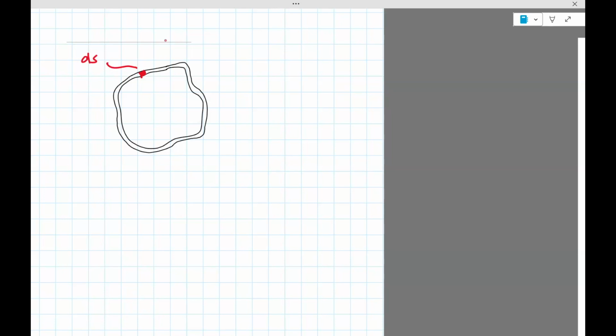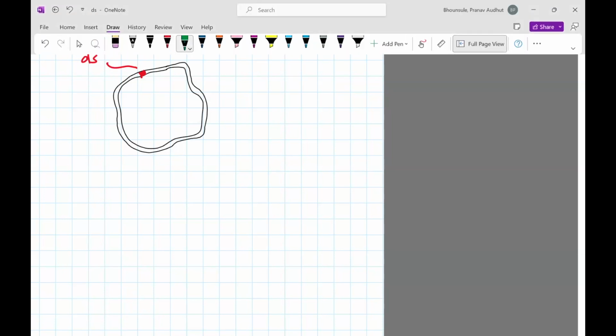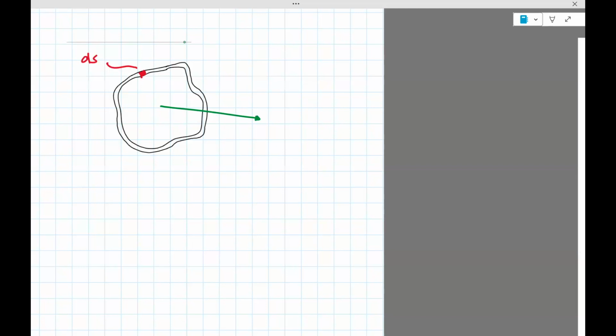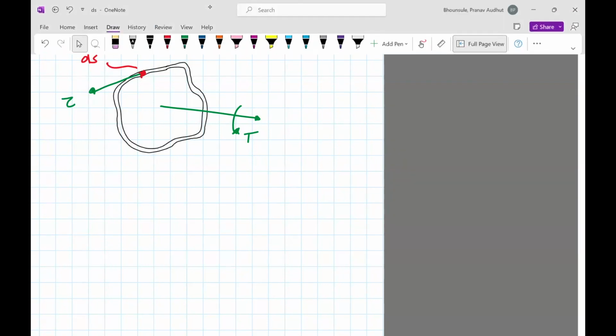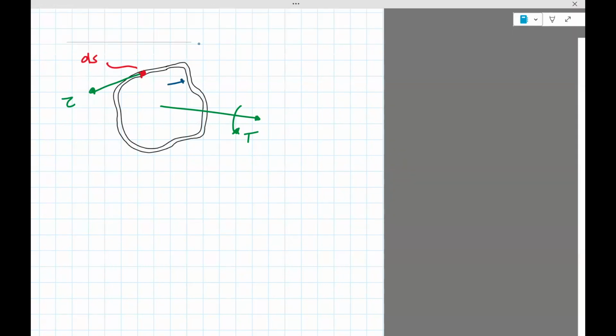So ds is arc length. It's subject to torque. So let's put the torque here. As a result of this torque, this is going to have a shear stress of tau. And as we said earlier, this is the thickness T.